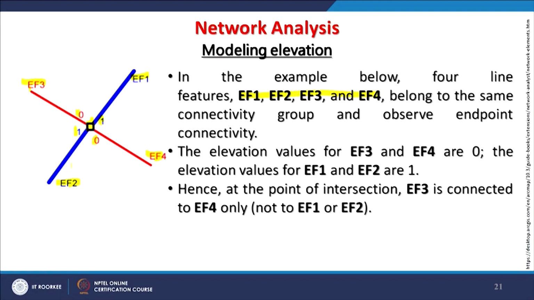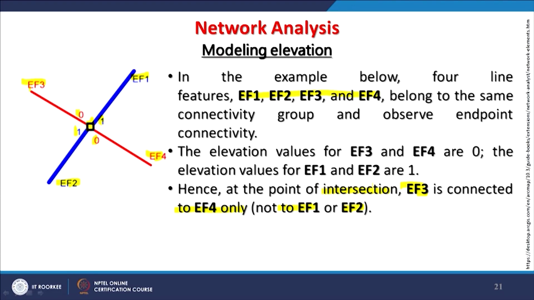And then at this intersection, the point of intersection, EF3 is connected only to EF4 and not to EF1 and EF2. If it is a metro line, the 2 lines I mentioned earlier may also cross each other on a plan, or on a 2D map. But if they are at different levels, then they may not be connecting; there may not be any intersection or any junction.